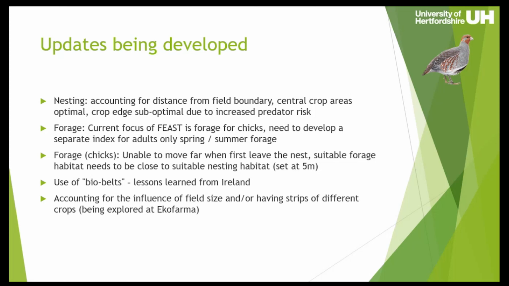And something that came out of the presentation to the Czech cluster last week is the use of biobelts, which is being used in Ireland as another type of land use we currently don't have in FEAST, but it's something that is of interest. So if anyone has any suggestions on particular land use types that might be relevant, please do let us know. Also, field size and spatial dimensions is something that's potentially being looked at on the Czech Eco Farmer case study.